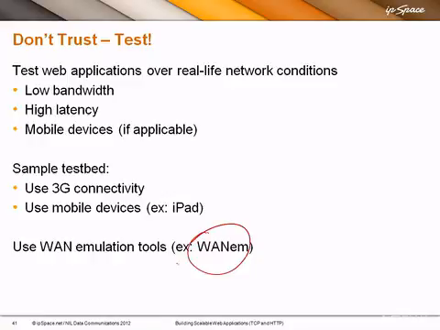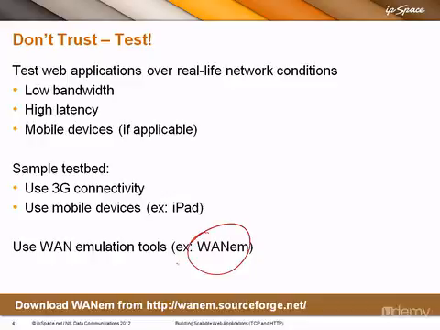And you get WANem as an ISO image that you just boot on your PC or in a VM wherever. You insert it into the forwarding path. I'm usually using static routes to push the traffic through the WAN emulation tool, and you see how the web application performs. And here's the download URL in case you don't find it with Google.